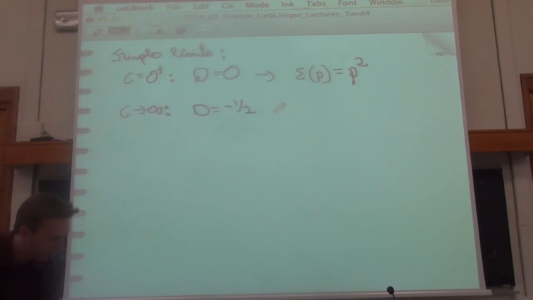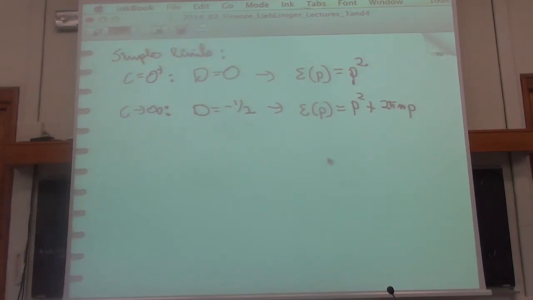And then you can just work it out, and the dispersion relation that you obtain by simple algebra is something that looks very much like something you've seen before, p plus 2 pi n p. Okay, and this is for c going to infinity.